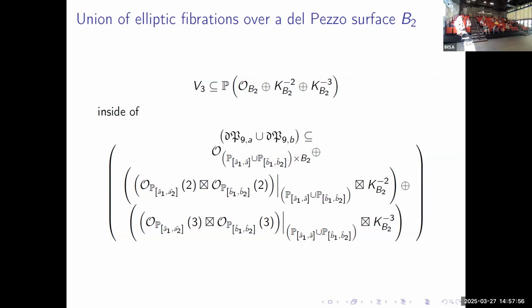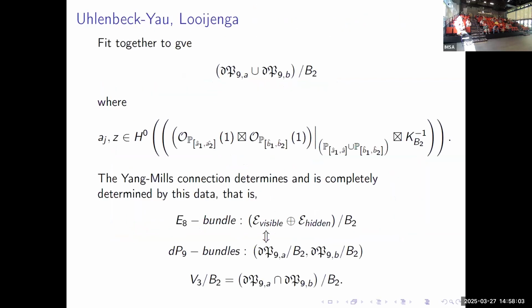So we have the union of 2 DP9 bundles over B2. Their intersection is the heterotic Calabi-Yau threefold.